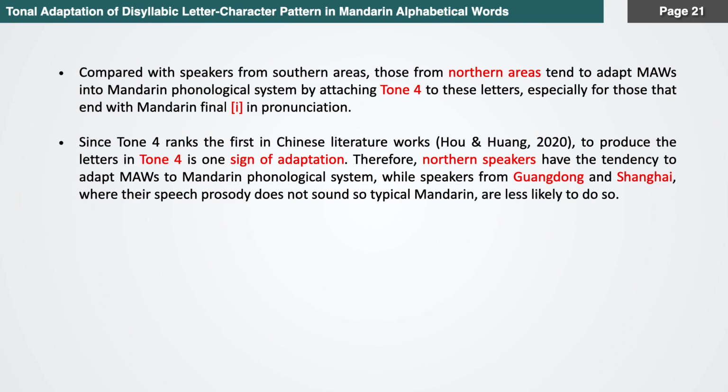Second, since Tone 4 ranks first in Chinese literature works, to produce the letters in Tone 4 is one sign of adaptation. Therefore, Northern speakers have the tendency to adapt Morse to the Mandarin phonological system, while speakers from Guangdong and Shanghai, where their speech prosody does not sound so typical Mandarin, are less likely to do so.